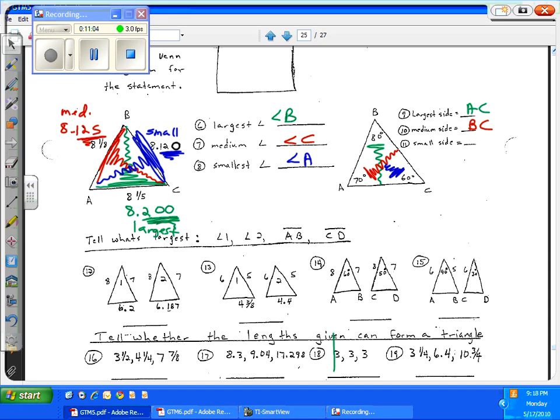The smallest side will be opposite the smallest angle, and so the smallest side is side AB. Any questions on that? Okay. That was inequalities in a triangle.